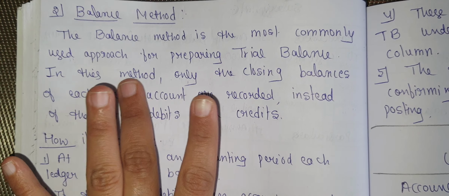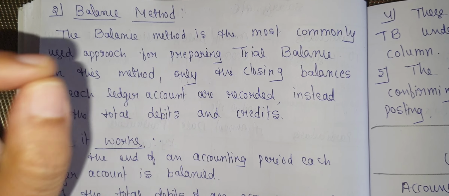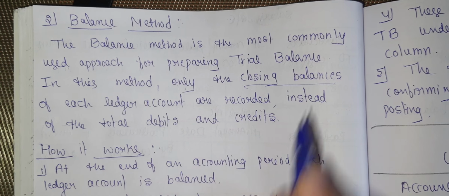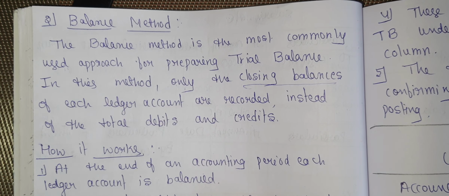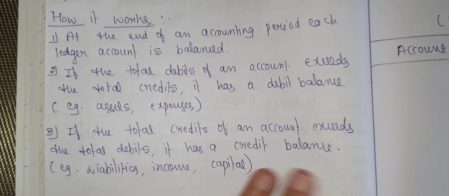In this method only the closing balances of each ledger account, by balance carried on, are recorded instead of the total debits and credits. Means here we will not use the total of debits and credits. Here we will use only the closing balances of each ledger account. Now we will see how it works.